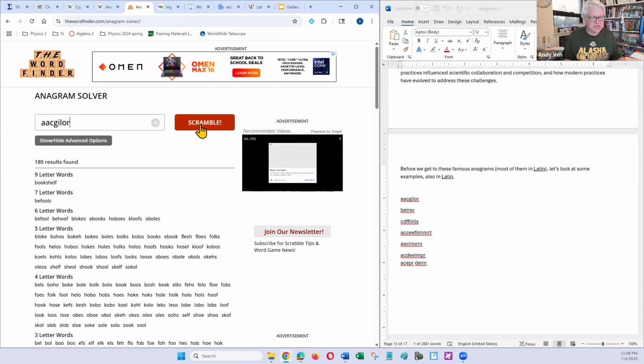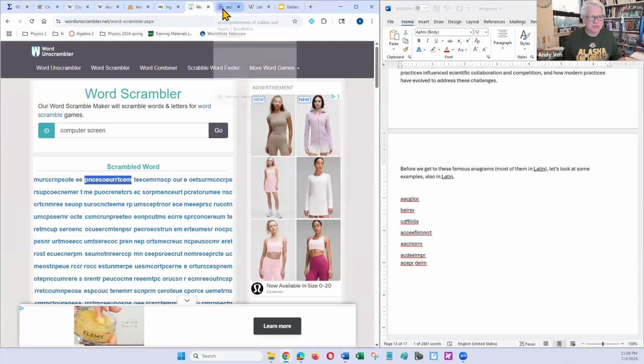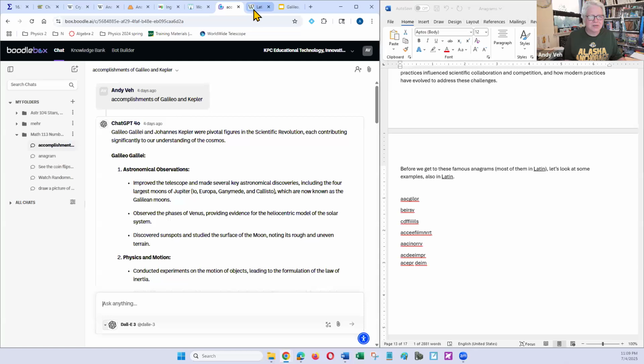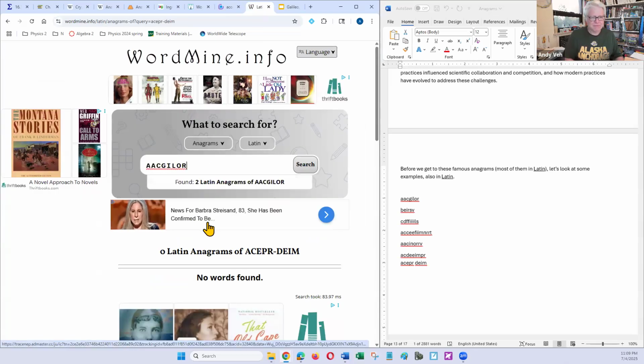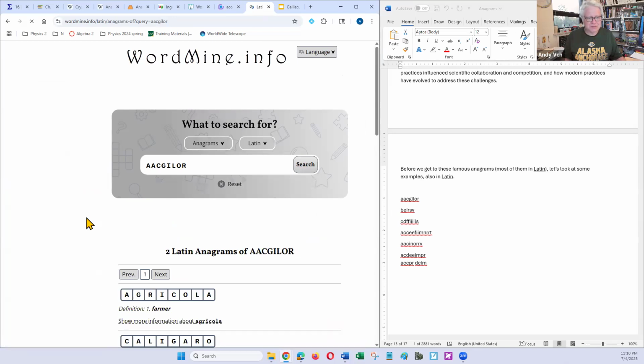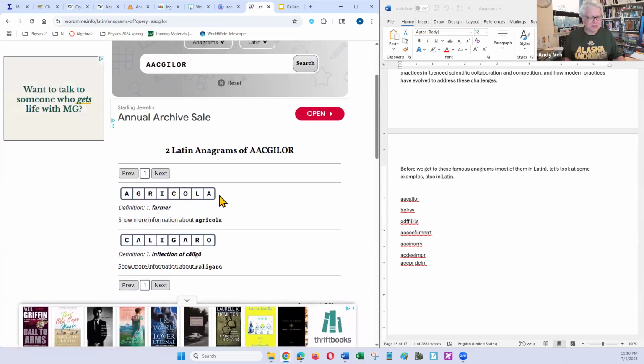All right, let's see what happens. Oops, that's not going to work because I have to use the Latin one. So, it says it found 2 Latin anagrams. And this is where it comes from, the word agricola, which simply translates as farmer.